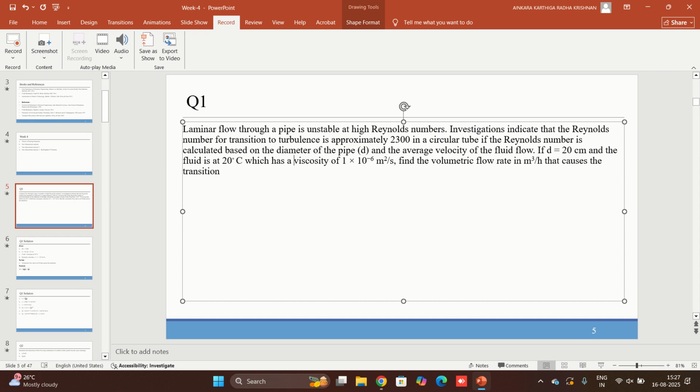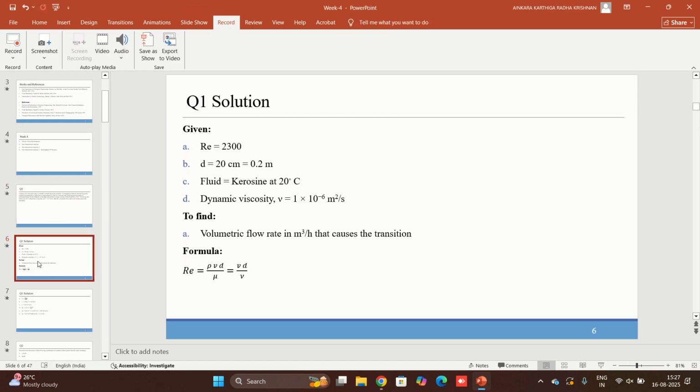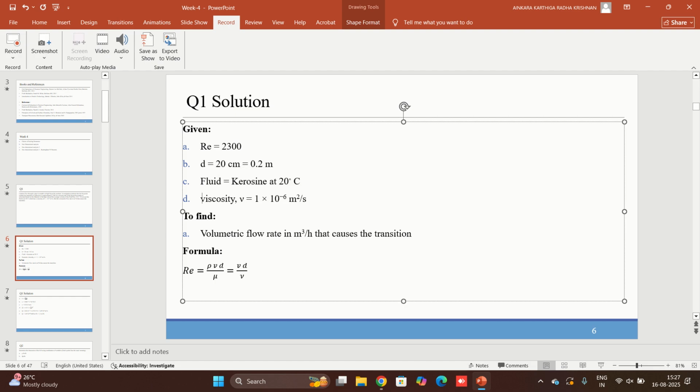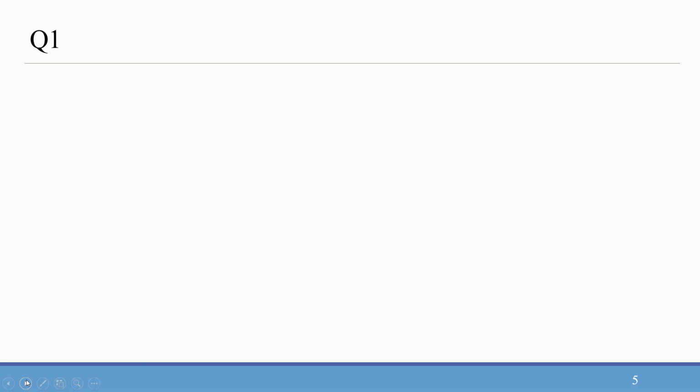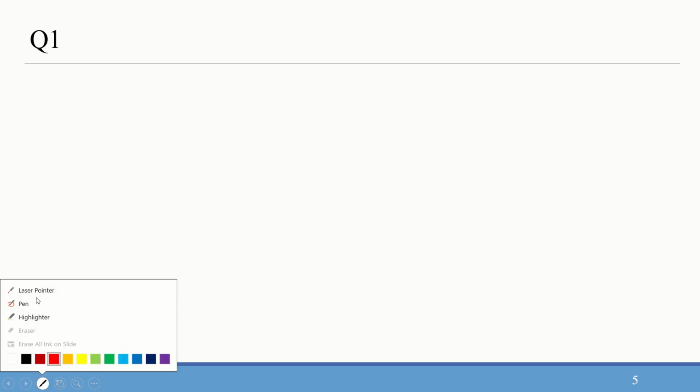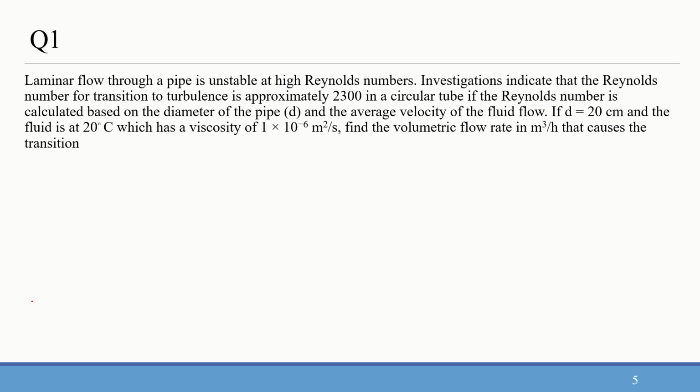Just remove this. It has a viscosity of 1 into 10 power minus 6 meter square per second. Since it is given in meter square per second, we need to know what it is. It is not dynamic viscosity, it is kinematic viscosity. So anyways, here it is a viscosity of 1 into 10 power minus 6 meter square per second unit.